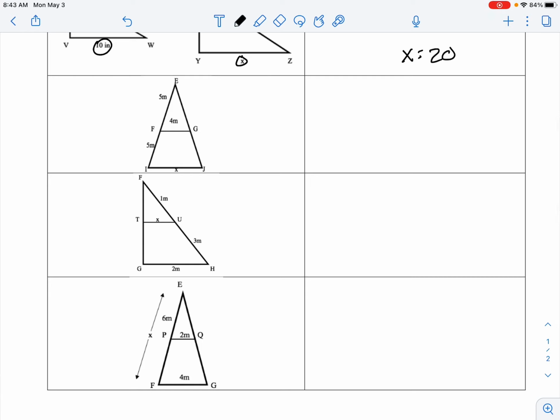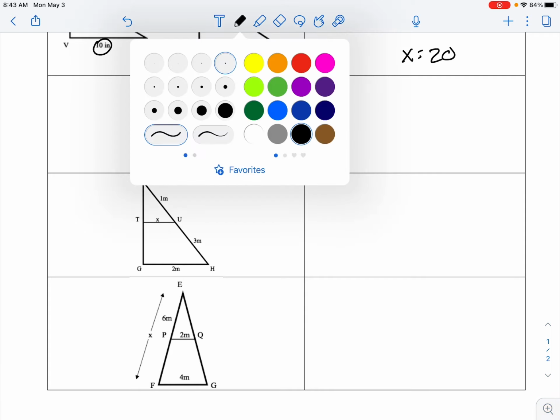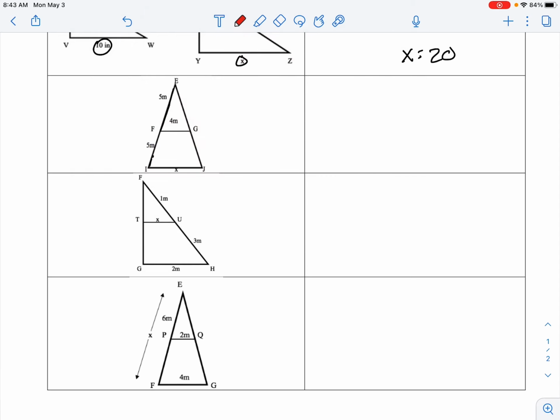Now these ones here look a little difficult, but they're not that bad because since they are formed from the same shape, but just cutting a line through it to make it smaller, these automatically are going to be similar. So we want to take from our small triangle here, so I'll go ahead and switch colors so we can see.